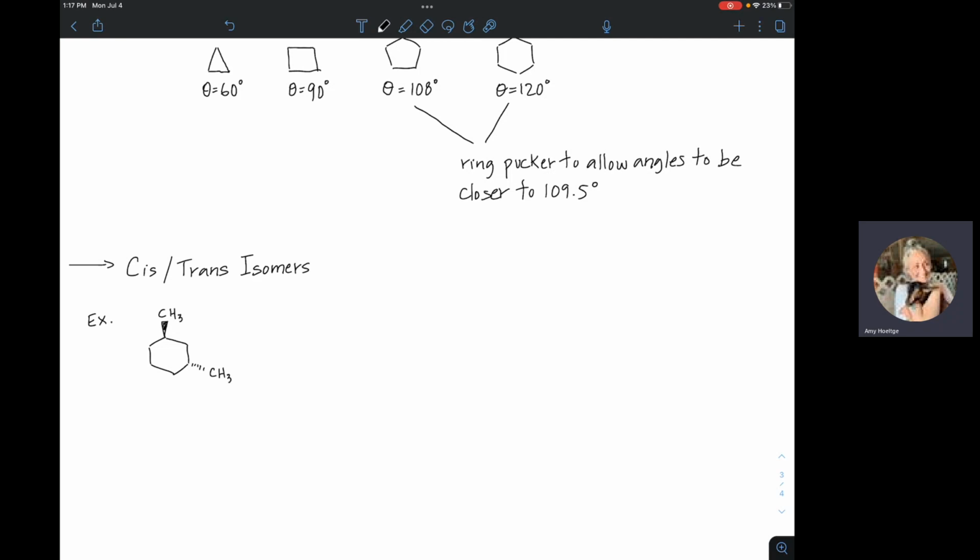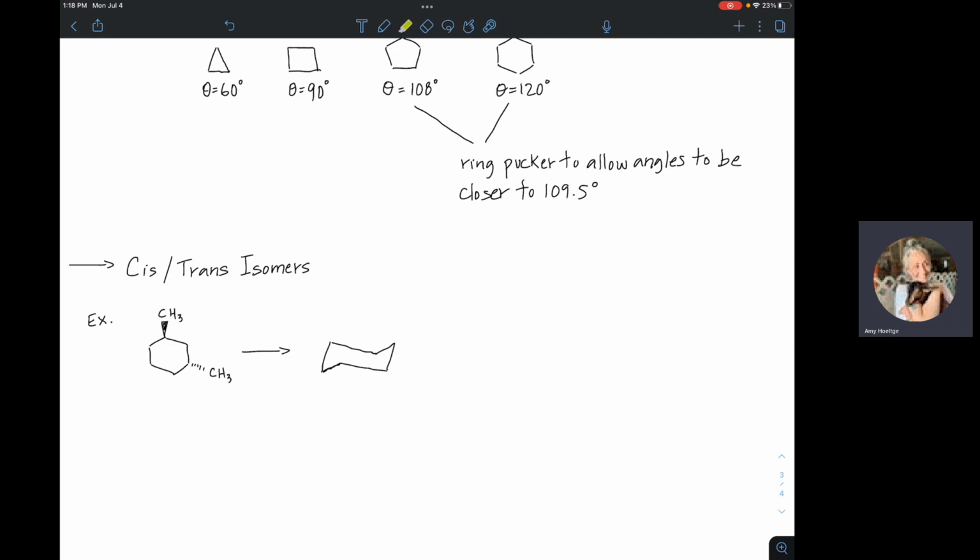So if I draw this three-dimensionally, on a chair, make your chair first. Ooh. It's hard to draw on this slippery surface. Sorry for the squiggly chairs.